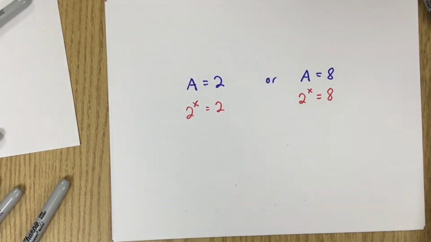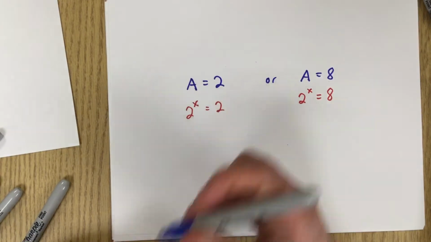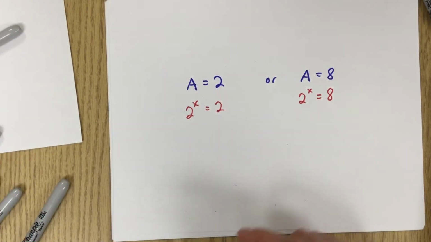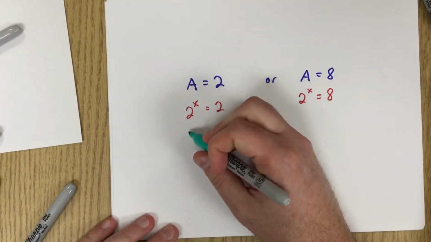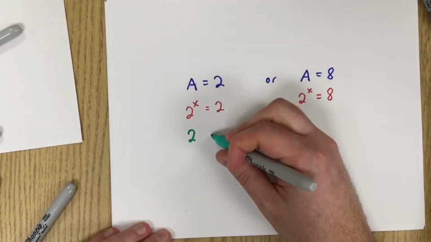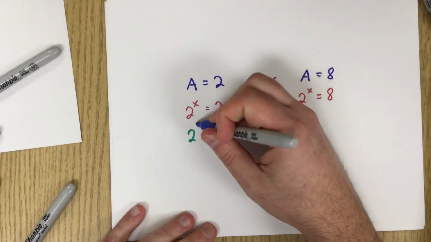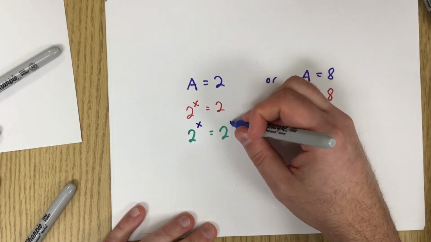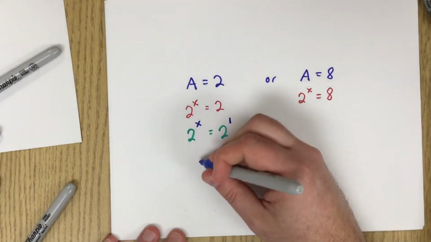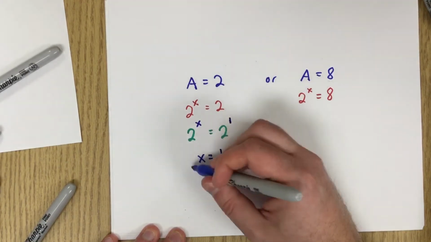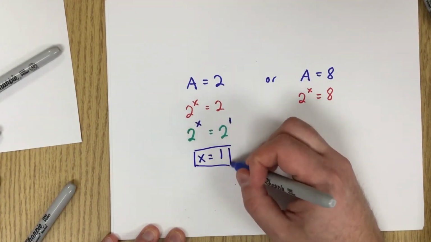So how would we solve it? Now we're back to the usual stuff. So this is going to be the same basis. This is a little bit weird if we look. So that's a 2, and that's a 2. The exponent there is x. The exponent there is missing, which means there's an invisible 1 over there. So x equals 1 is one of the solutions.